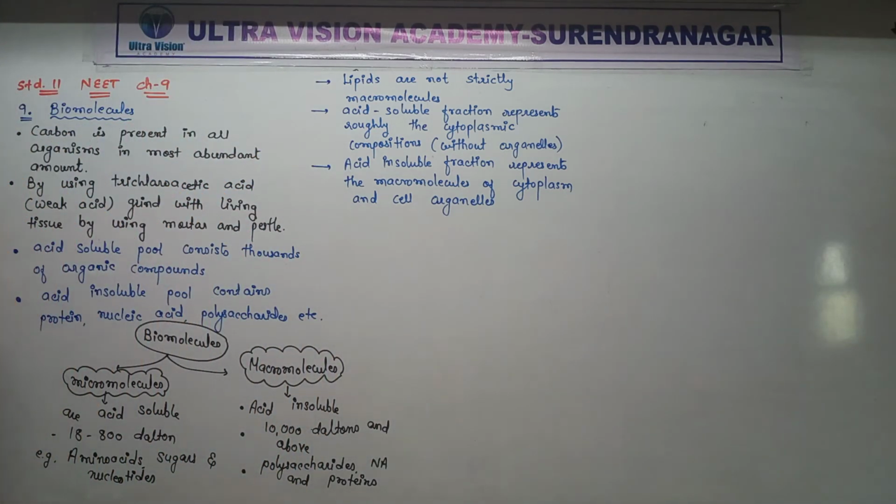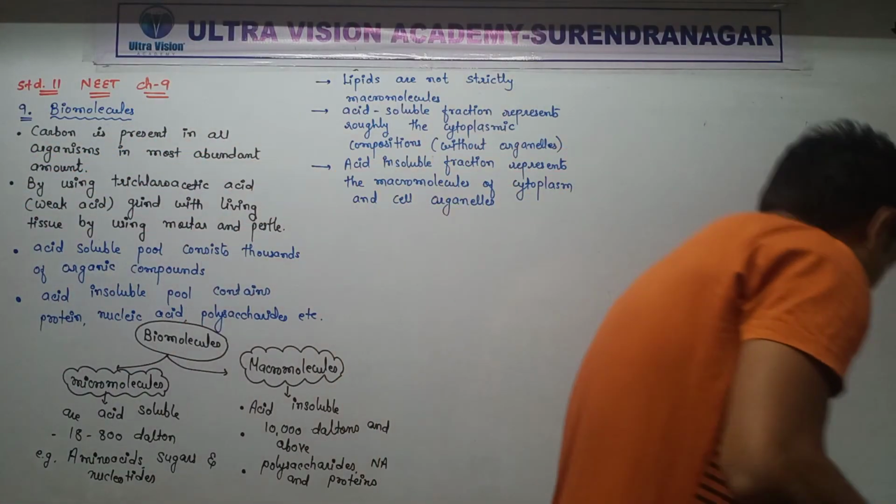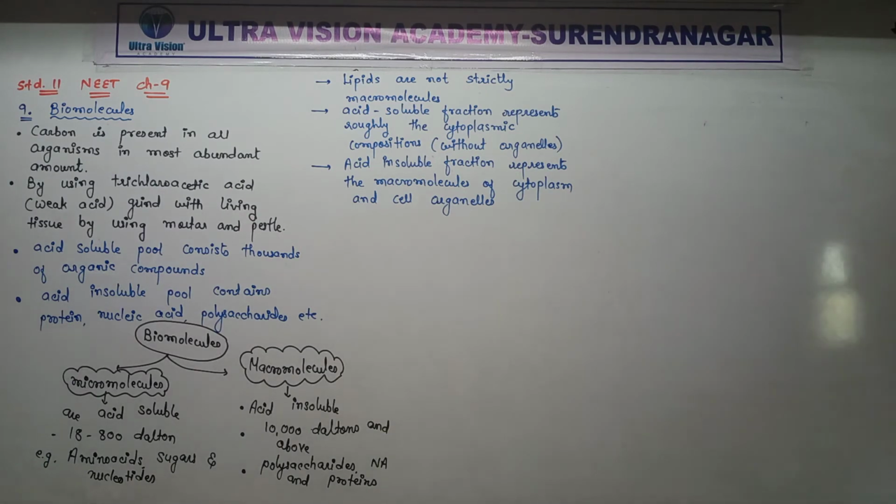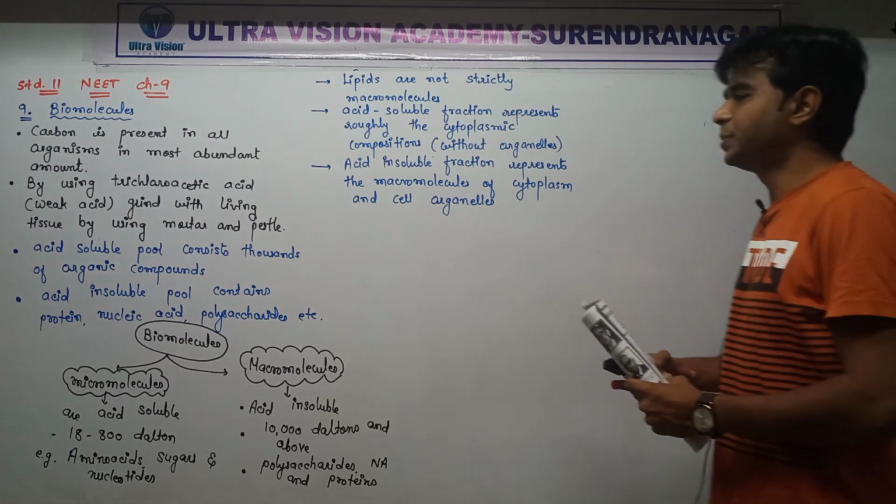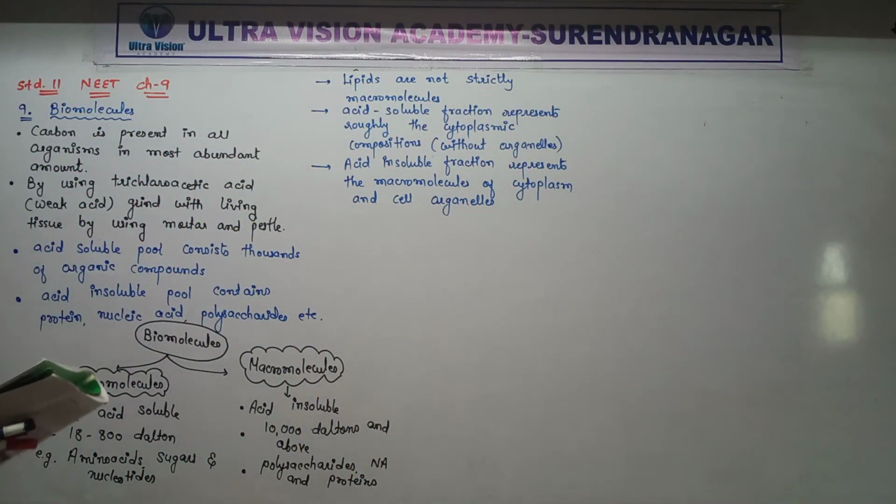So the acid soluble fraction forms the cytoplasmic composition without the organelles. In the cytoplasm the ionic and inorganic components are in the acid soluble fraction, whereas the acid insoluble fraction represents the macromolecules of the cytoplasm as well as organelles.